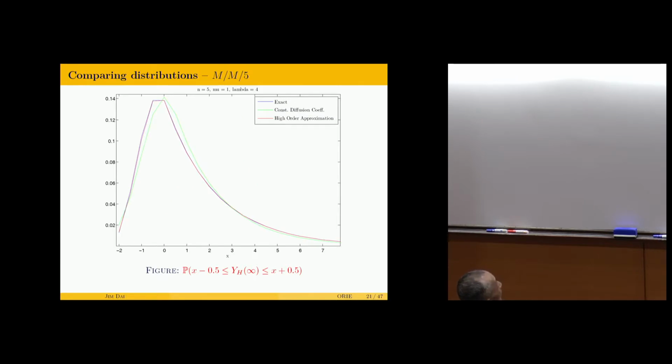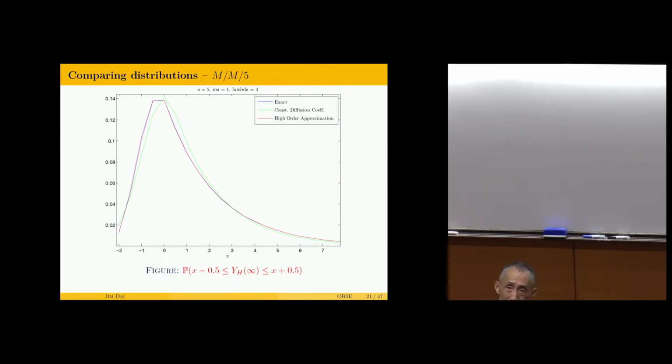And this is for 5 servers, and for the constant diffusion one you see it's noticeably off. So the picture shows that the high order one is much more robust, in the sense that it covers a larger parameter region. The accuracy.